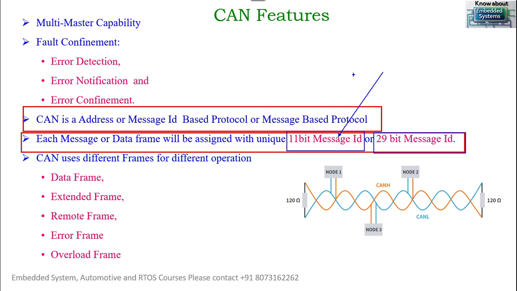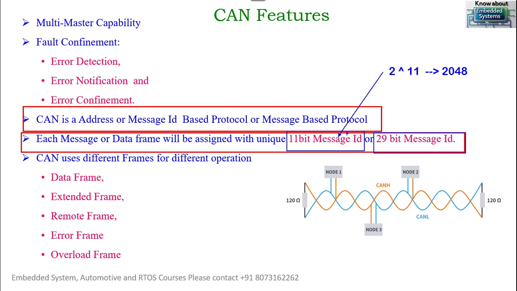So when I go with an 11-bit message ID, just try to calculate 2 power 11. When I say 2 power 11, it gives 2048. That means 2048 different messages we are able to transmit from one ECU to another ECU. And if you go with a 29-bit message ID, you will get messages in terms of crores, in terms of millions.